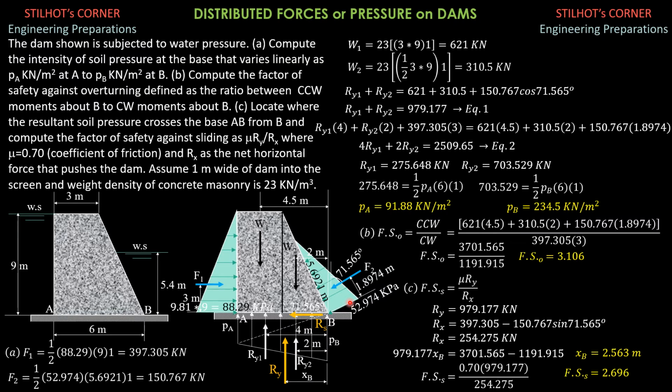Now, for F1, it is equal to volume of this pressure diagram. Take note that the dam is 1 meter wide into the screen, so it is just area times 1. Volume is area of triangle times 1. So the area of triangle is 1/2 base, 88.29 kilopascals, then height 9 meters, then perpendicular to the screen 1 meter.